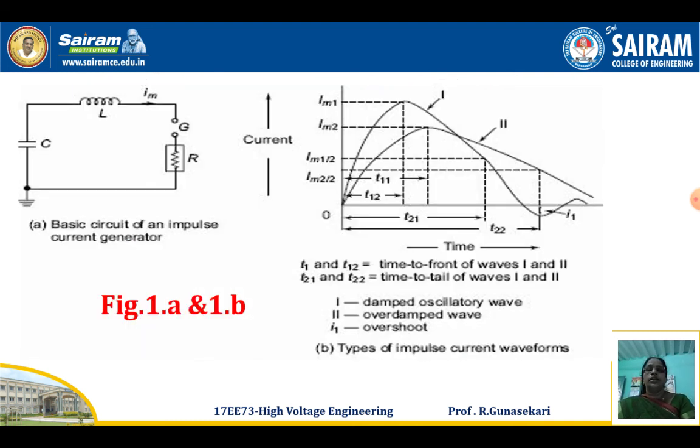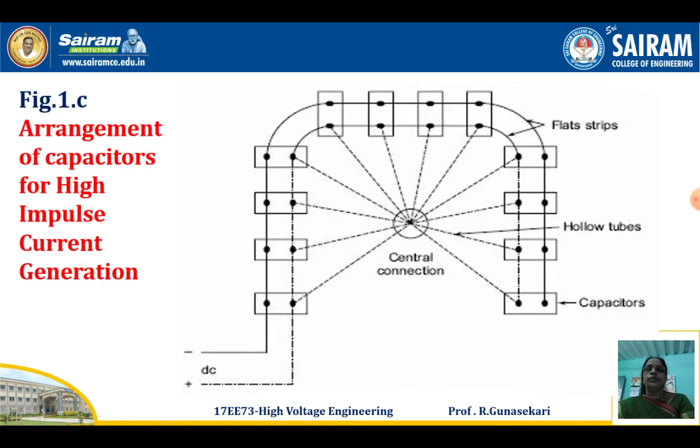Already we have seen the waveforms. You draw the basic circuit, the impulse current waveform and the arrangement of capacitors. In this lecture video, we studied the definition of impulse current waveforms and circuits for producing impulse current waves. Thank you students for watching this video.